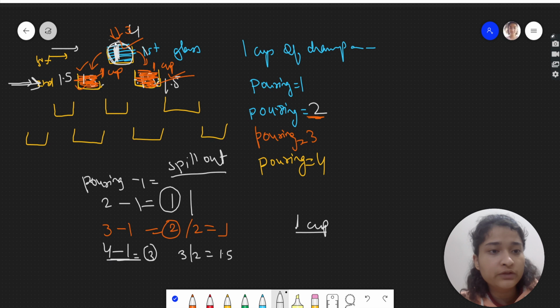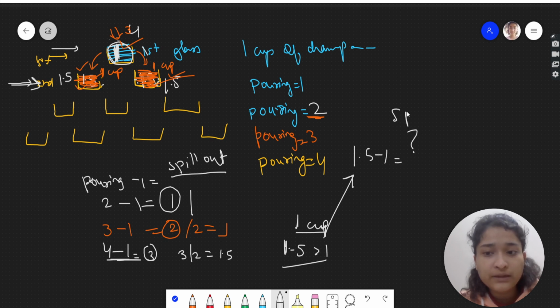Same as this case, right? Here also we were pouring 4, but actual capacity is 1. So see, the same thing we will do here as we were doing here for this first glass. 1.5 is greater than 1, which means we will do 1.5 minus 1. That is the amount that will spill out from this glass.